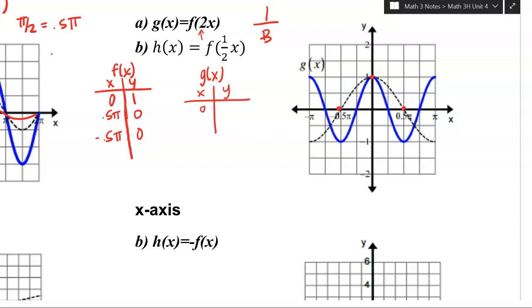All right, so 0 times 1 over 2 is still 0. So notice that point didn't change on that blue graph. And then next one we have 0.5 times 1/2.